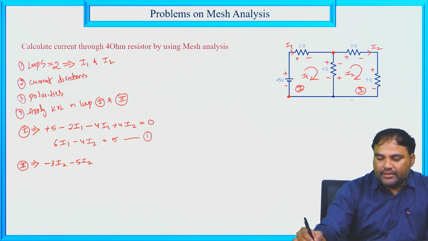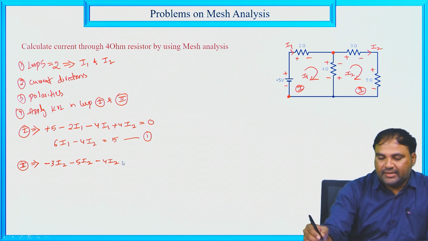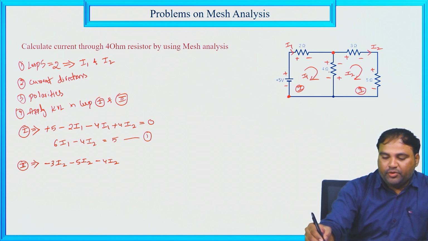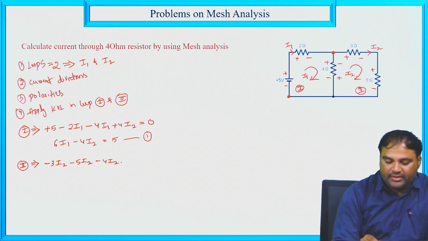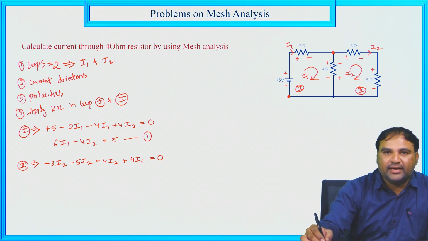Next, again starting from this point, the second polarity is minus 4I2. Next, at 4 ohm we have the next polarity, that is the second polarity is plus. So in terms of I1, plus 4I1, that should be equal to 0 because here is the ending point and there are no more elements.